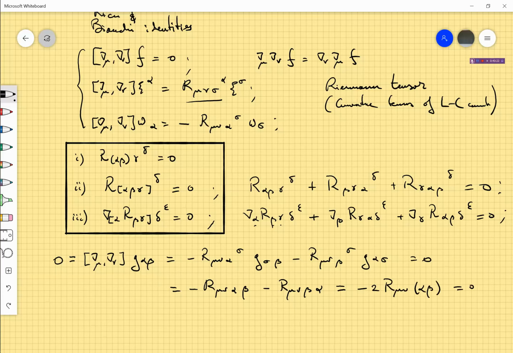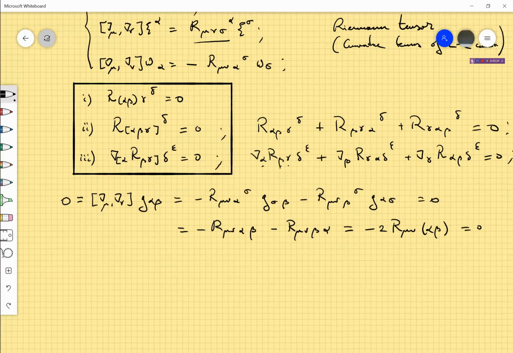So we get an extra Ricci identity. The Riemann tensor is not just antisymmetric in the first two indices, but it's also antisymmetric in the last two indices when you lower them. So this is a further Bianchi identity.